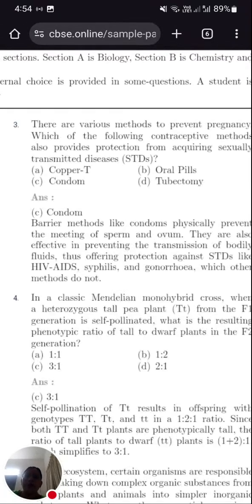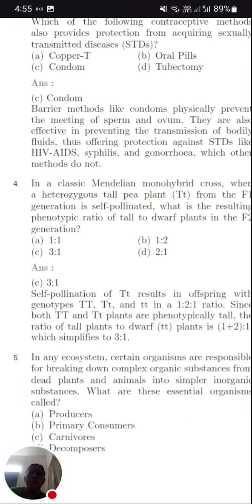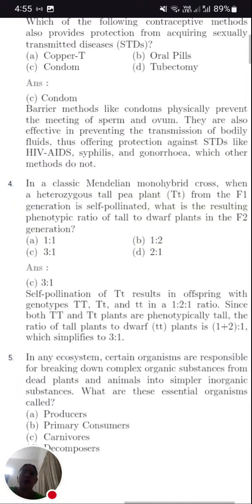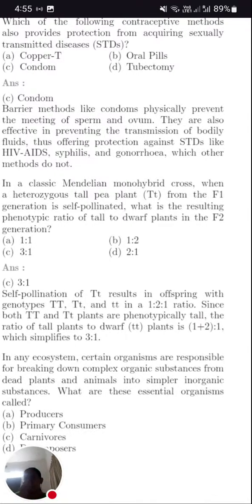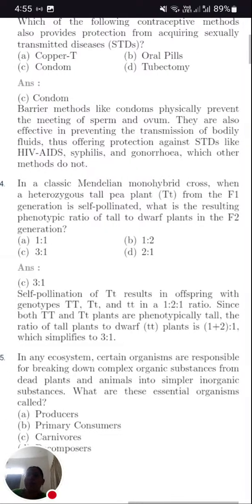Okay, here the question number 4. In classical Mendelian monohybrid cross. So what is Mendel's monohybrid cross? For hybridization, Mendel took 2 pea plants. One is tall and other is dwarf. Tall pea plant is represented by capital T, whereas the dwarf pea plant was represented by small t.